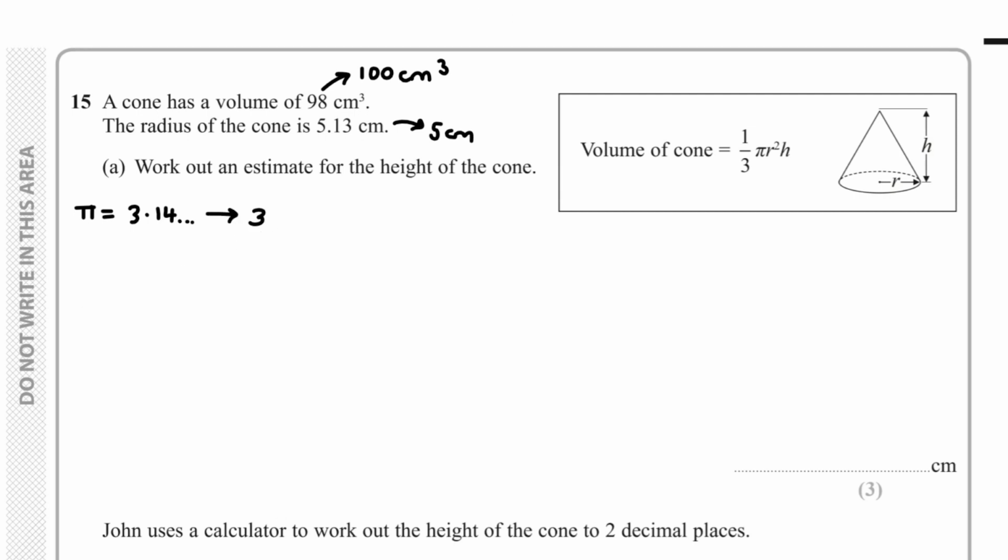Now, we know already that V is equal to 1/3 pi r squared h. So if we rearrange, h is equal to 3V over pi r squared.